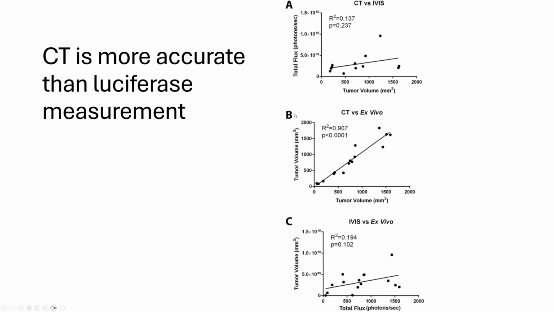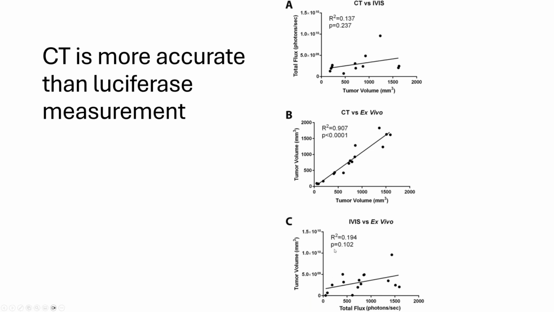If we do the same experiment where on the y-axis is what was measured ex vivo with the calipers versus what was measured with our CT, you can see that we got a nice R-square value, and it was statistically significant with a p-value of 0.0001. If we then use the IVUS measurements shown here on the x-axis versus the ex vivo measurements with a caliper, again, you see that there's very little correlation.